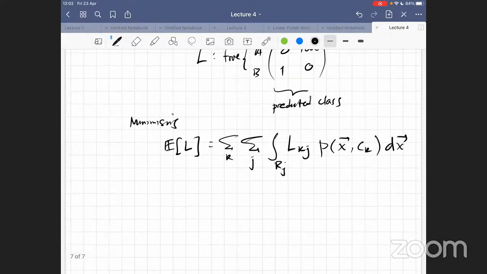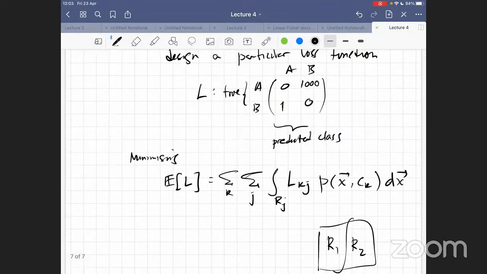Where here I am saying that, okay, imagine that I have a two-dimensional input space, and then I have a region 1 and region 2. What I'm saying is that this expected loss should be like a marginalization of all my possible variables.